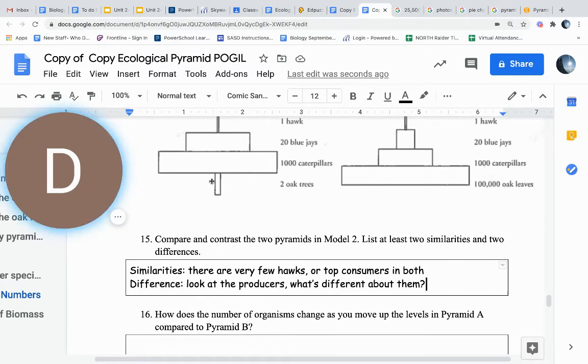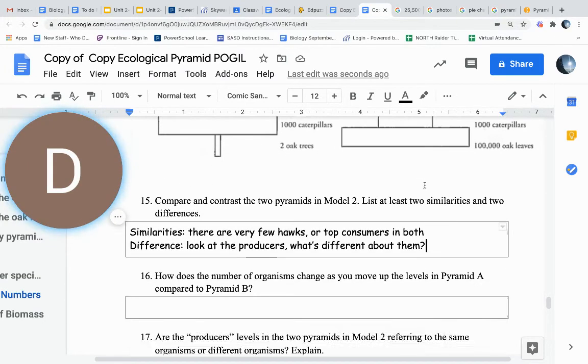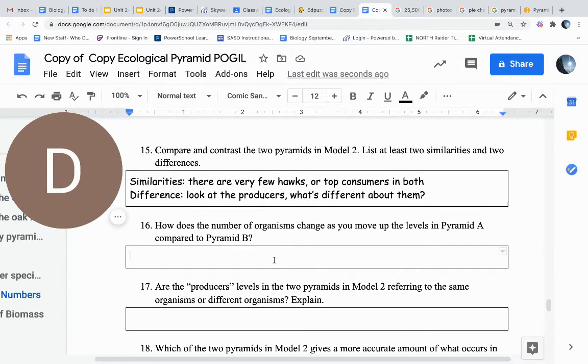The big difference lies within the producers. So I might say something to the effect that above the producers, the pyramid of numbers is identical.